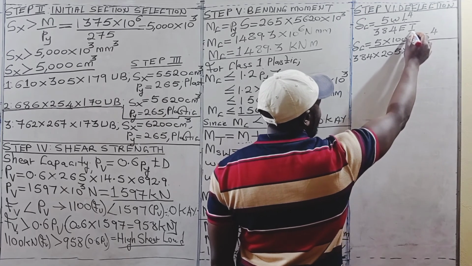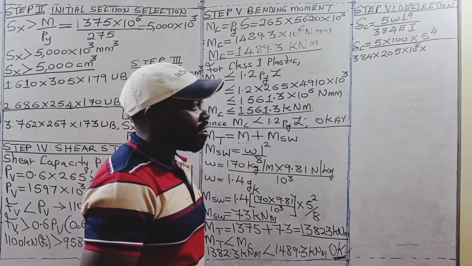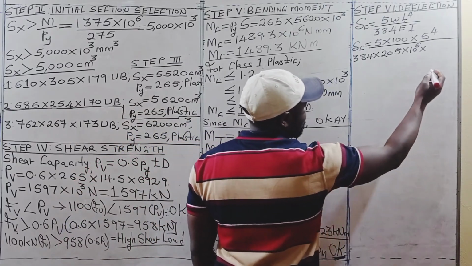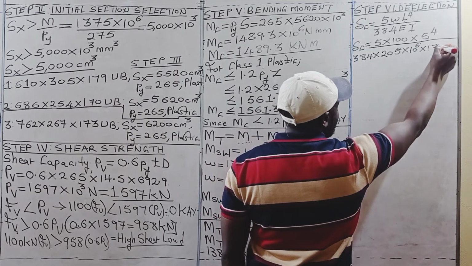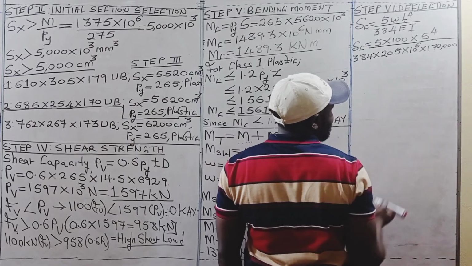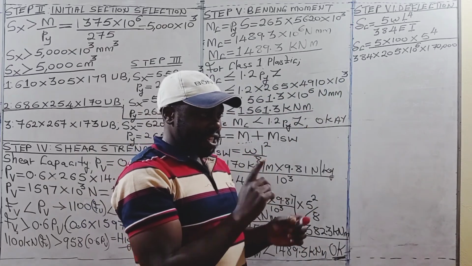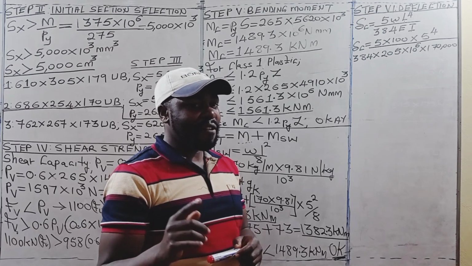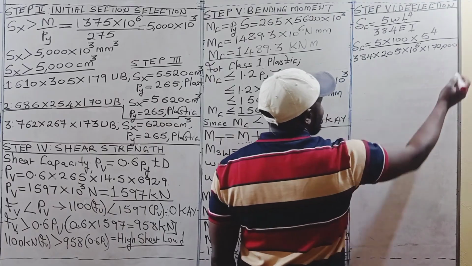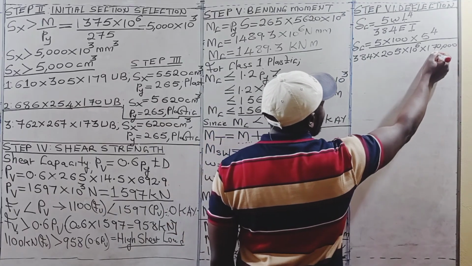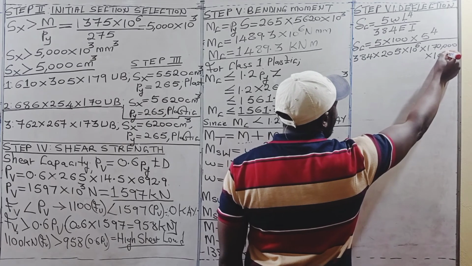Then we multiply by the moment of inertia, or the second moment of area of this section obtained from Appendix B, which happens to be 170,000 centimeters raised to the power of 4. So we need to convert that to millimeters raised to the power of 4. And we are going to multiply 170 times 10, 170,000. We divide it by 10 raised to the power of 8.